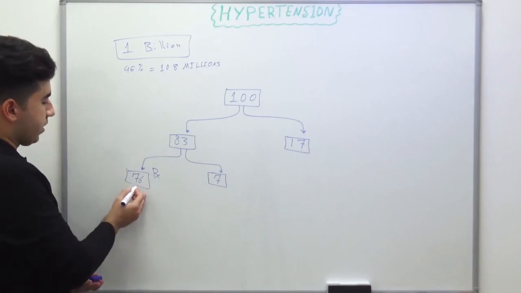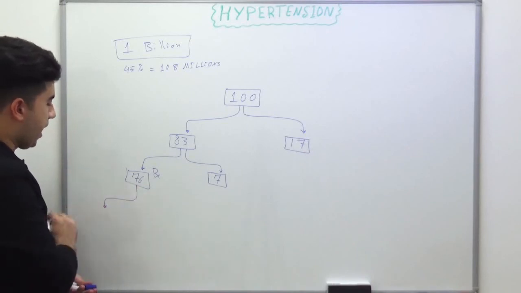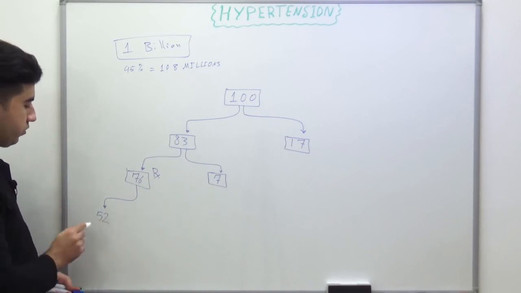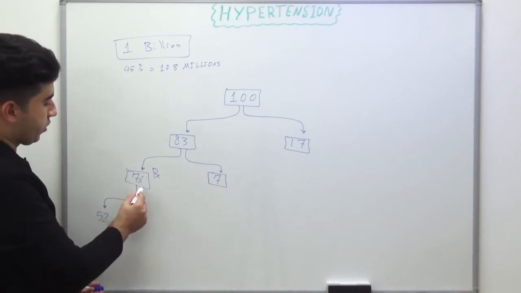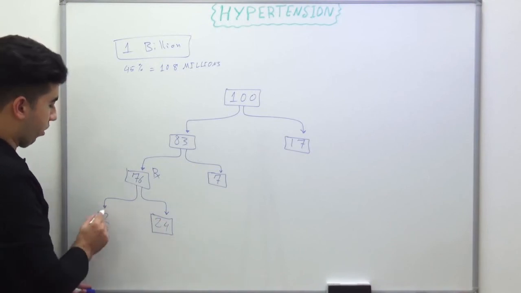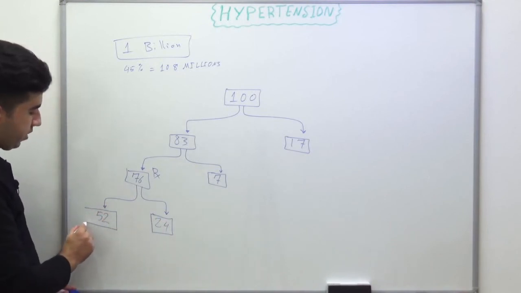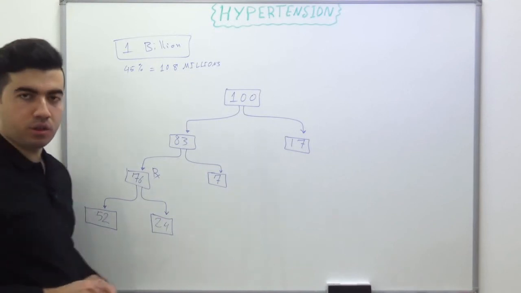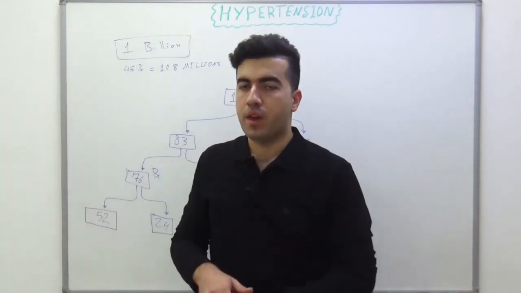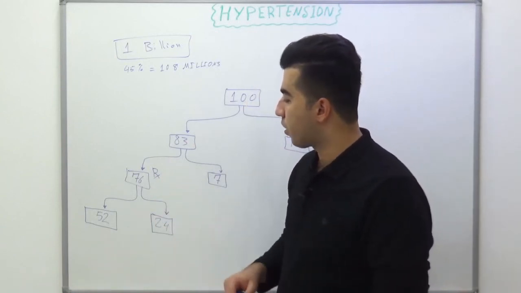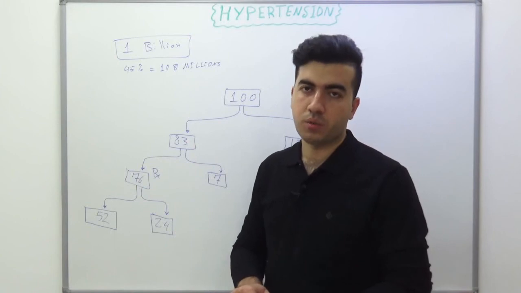Out of this 76, the hypertension is controlled in about 52 patients, and in the remaining 24, the hypertension is not controlled well. So it means these 52 patients have target or goal blood pressure with the pharmacological treatment, and in the remaining 24 patients the blood pressure is not well controlled.